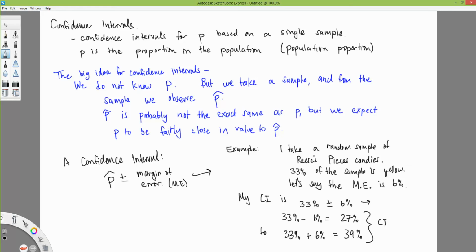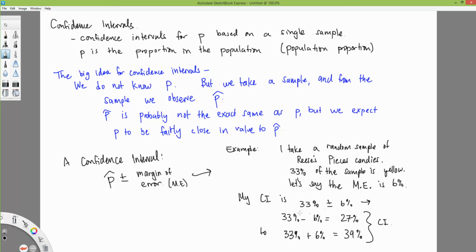This is my confidence interval. Now I'm going to have to explain how we calculate the margin of error, which will be the next slide. But do we understand this concept, that I take a random sample and put that in the middle and go plus or minus a margin of error?